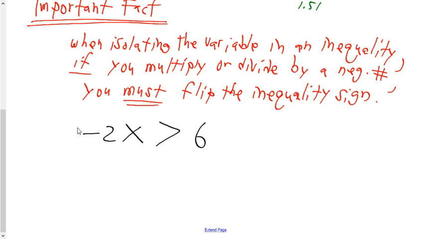What's a value of x that makes that true? Negative 4 is the one I thought of too. So if you substitute it in your head and say, okay, negative 2 times negative 4 is greater than 6, is this true? Yes, because this becomes a positive 8, because a negative times a negative is a positive. So negative 4 is one value, right?